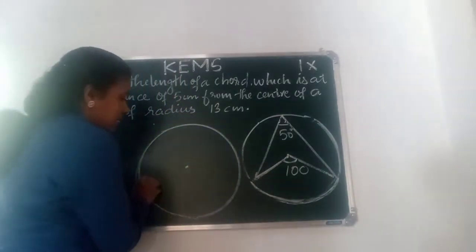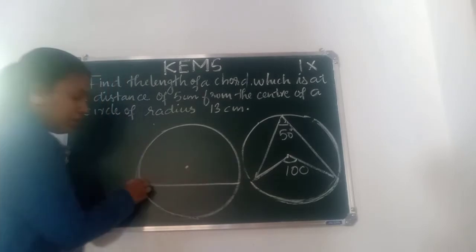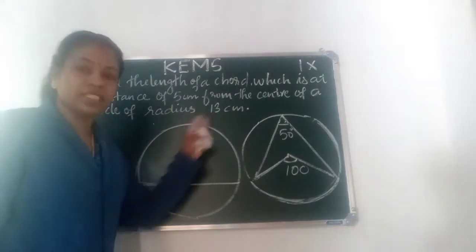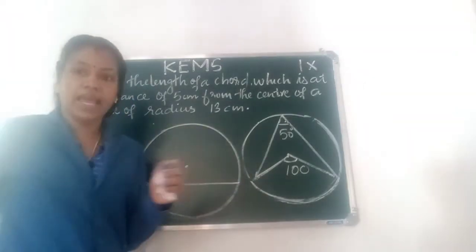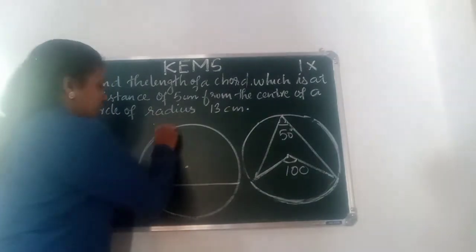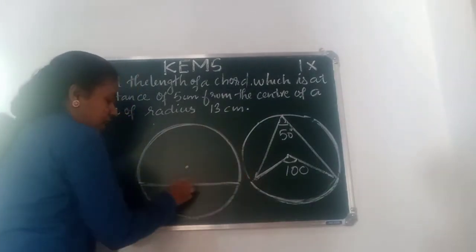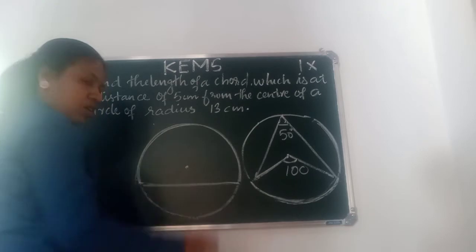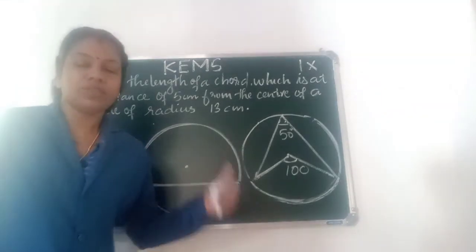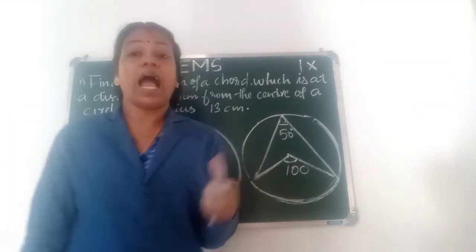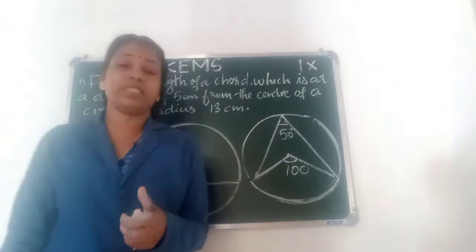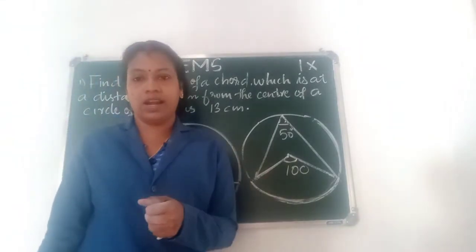A segment, you know that. What does the second theorem say? Angles in the same segment of a circle are equal. So this is a segment. A segment is the region between a chord and an arc. So this is an arc, this is a major segment and this is a chord. So this region is called a segment. The theorem says that angles in the same segment of a circle are equal.